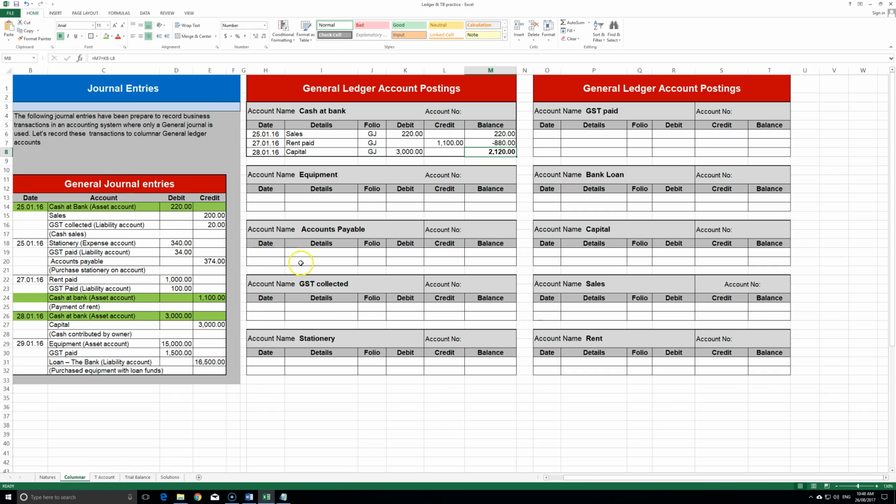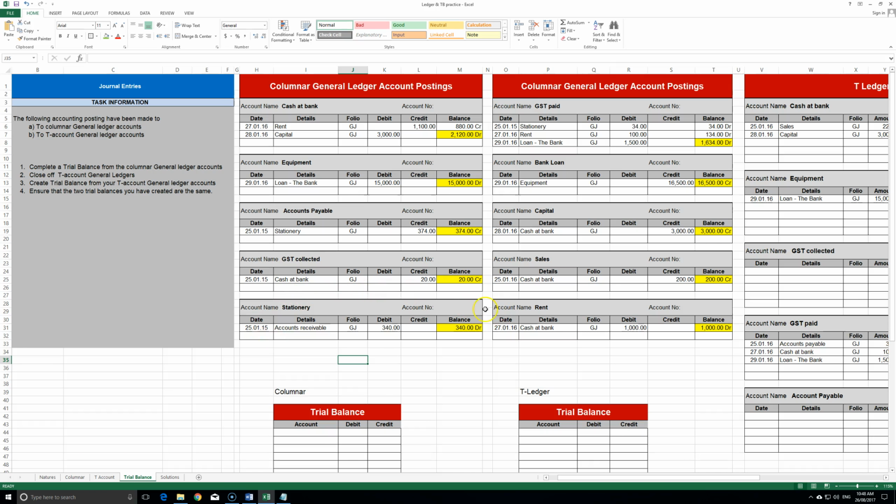And it should make sense to you if you recognize that when we did our journal, the most important thing to check is for each journal, do the debits, in this case 220, equal the credits. If you add them up, 220. That logic stays true for every single journal entry that was posted here. So when we took all of these and posted them over to our general ledgers, that had to stay true.